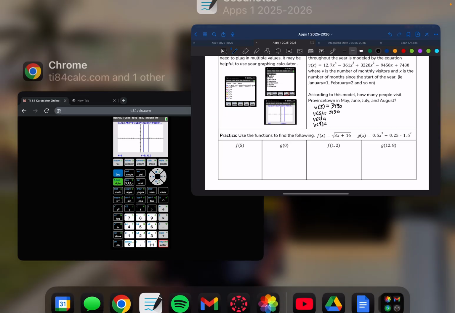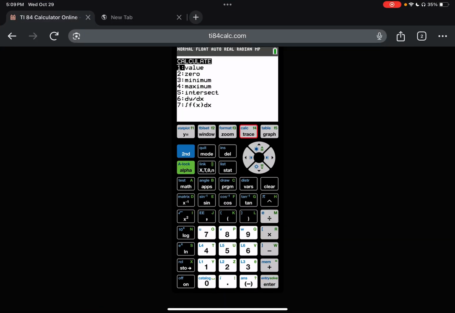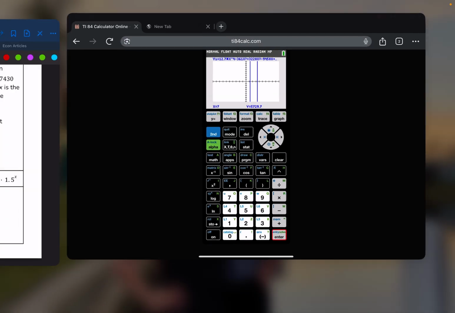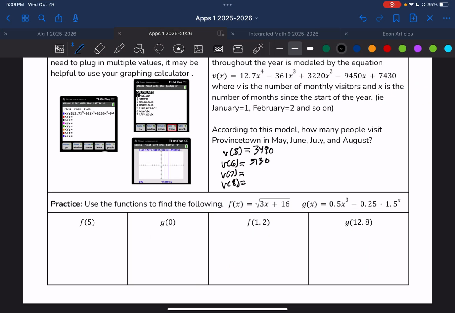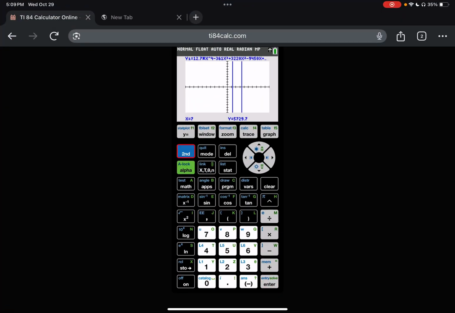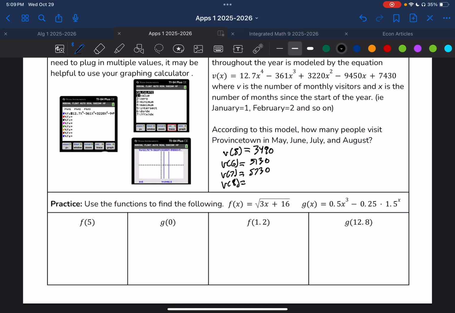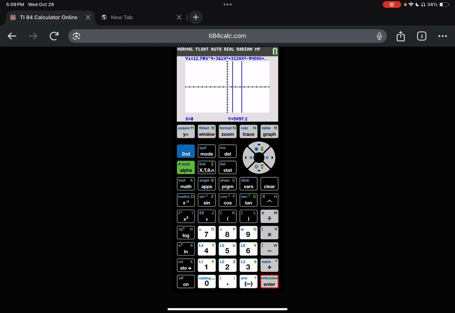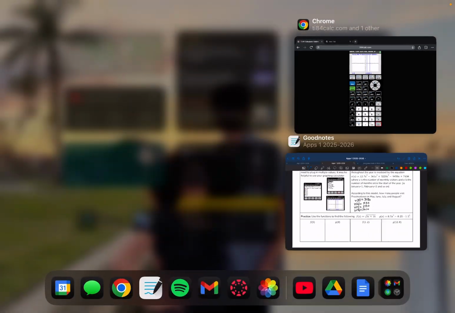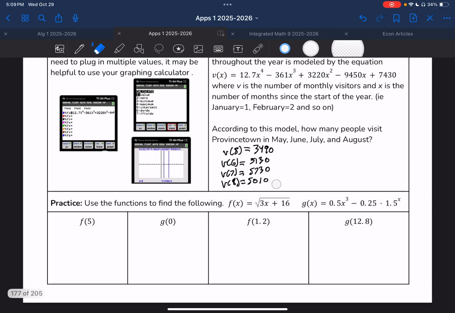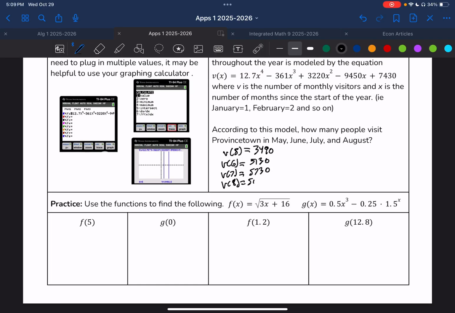If we care about July, we type in 7, and that is 5,730. If we care about August, we do that one last time and plug in 8. That's 5,100. Let me get my rounding right: 5,100.